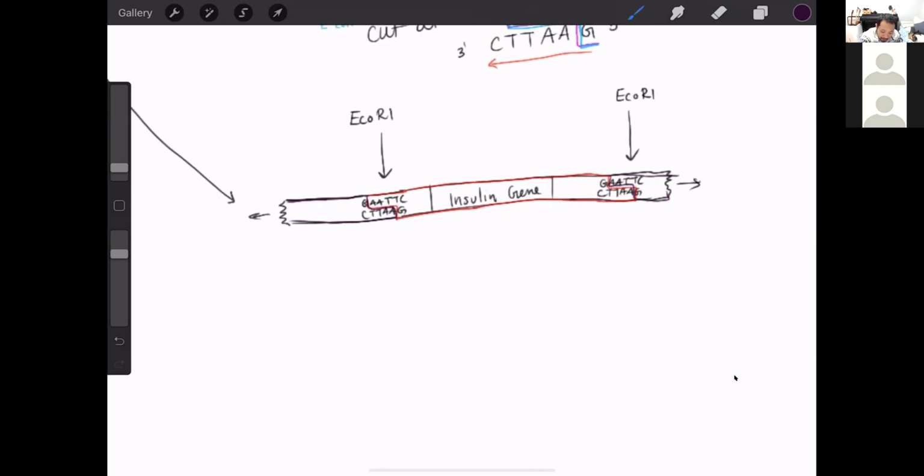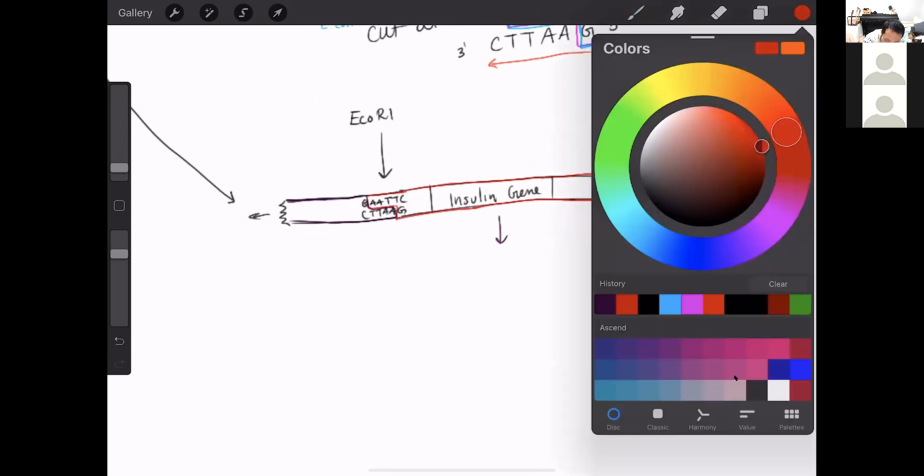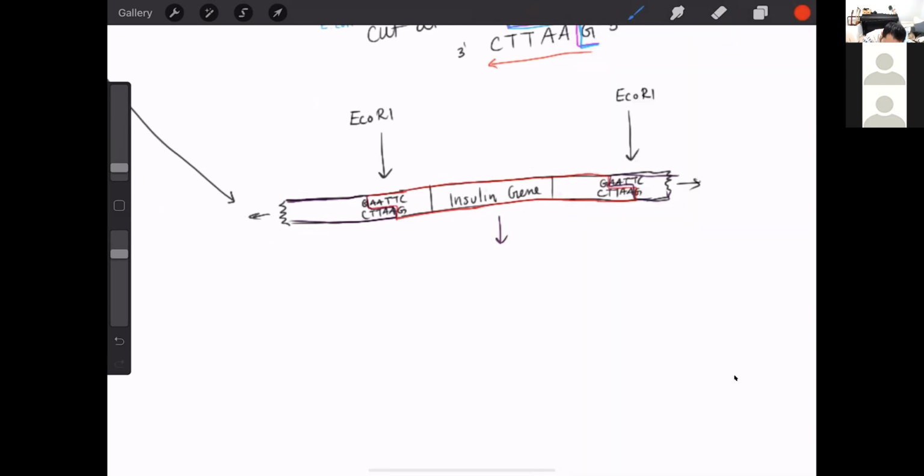And as you can tell, if I cut this out, then what I would end up with, let me make this in red, is something that looks like this, with the insulin gene in the middle. That's the insulin gene.